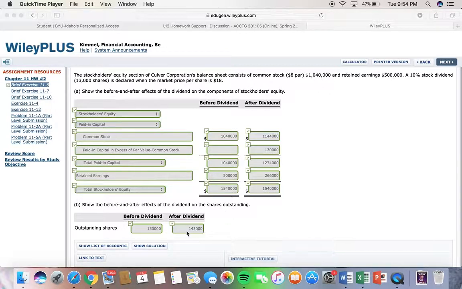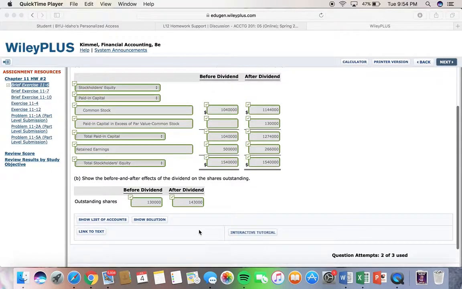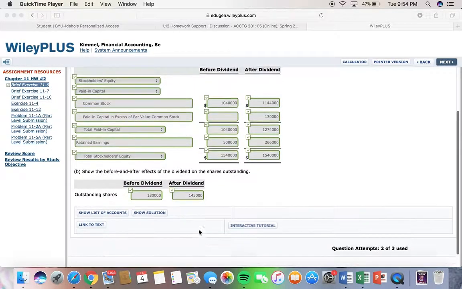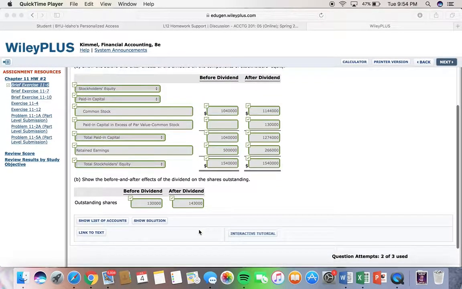Our outstanding shares after the dividend will be the outstanding shares before of 130,000, and we add the 13,000 shares of the dividend, which will give us a grand total of 143,000 outstanding shares after the dividend is issued. So that is brief exercise 11 tax 6.